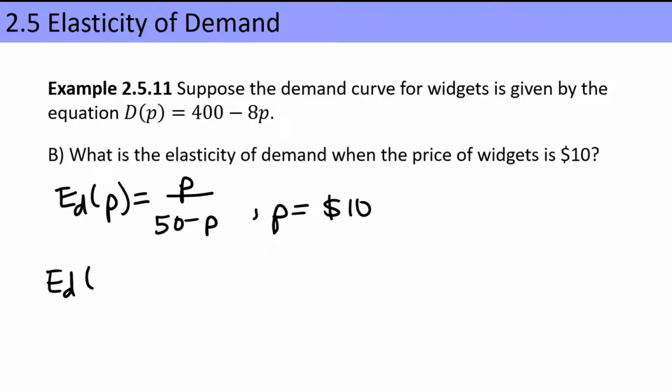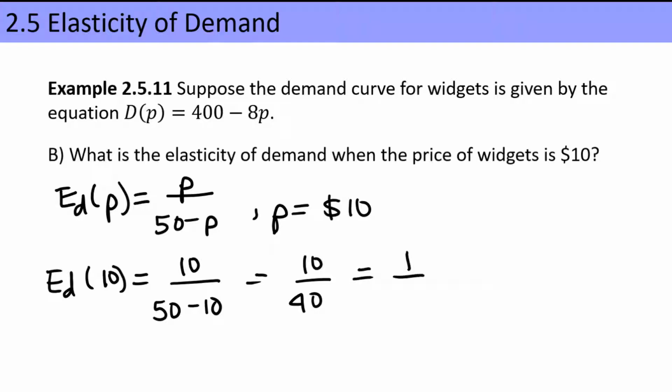So putting in a 10, every place there's a p, we'll have 10 divided by 50 minus 10, which is 10 divided by 40, and the value reduces to 1/4. The elasticity of demand when the price of widgets is $10 is 1/4.